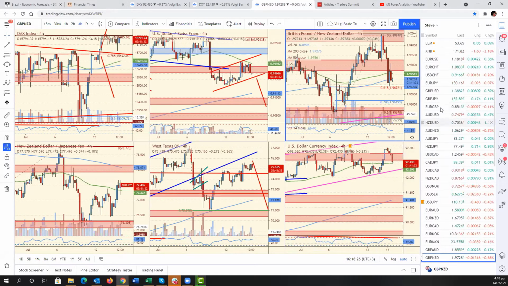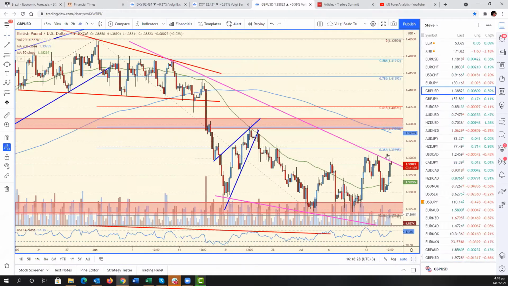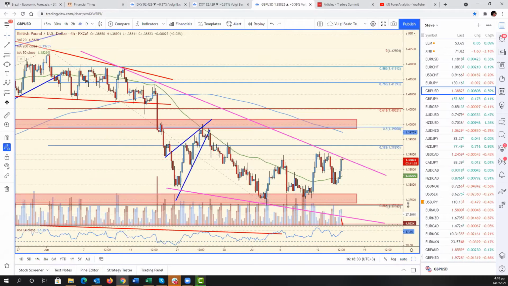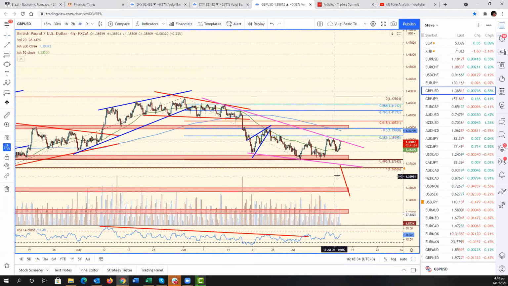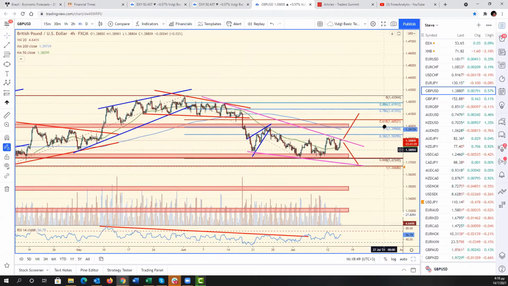The cable flirting with this wedge trend line resistance once again today. Let's redraw this. Okay, these are the two alternatives from where we are. Perfect.